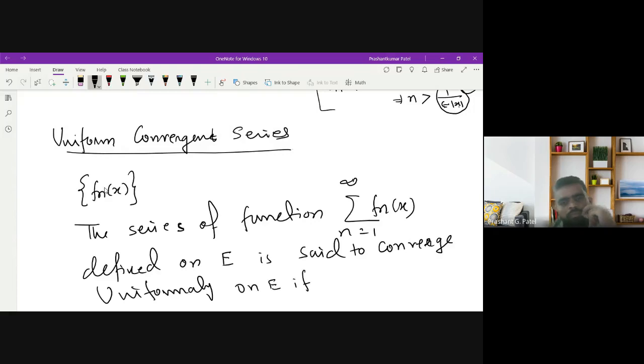so you probably know the definition of a convergent series. When you want to say a series is convergent, you know that its sequence of partial sums is convergent.